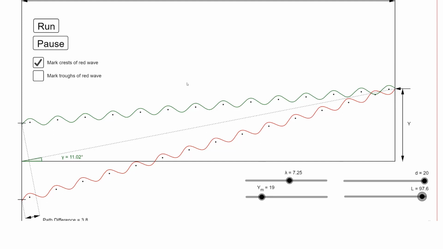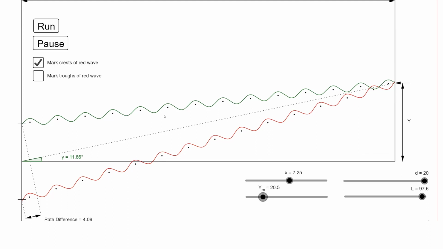See? The green wave has 13.5 wavelengths. The red wave has 14 wavelengths, meaning the path difference is half wavelength. So this is the first minimum. They are out of phase by 180 degrees, one wave up, the other wave down. You get the idea?